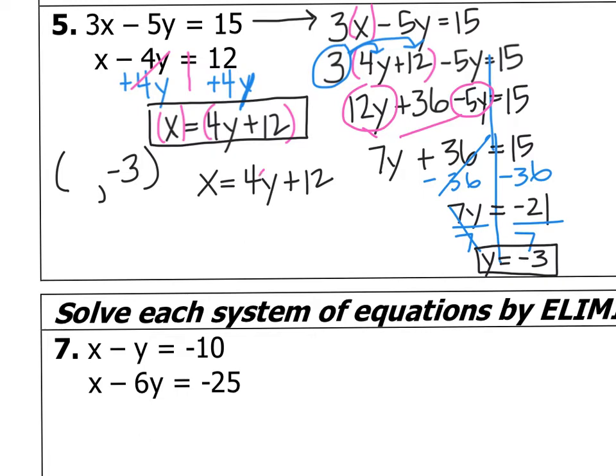Now that I know my y, I'm going to be able to rewrite this and replace it with negative 3, because I know now that y is equal to negative 3. So I've got x equals 4 times negative 3 plus 12.